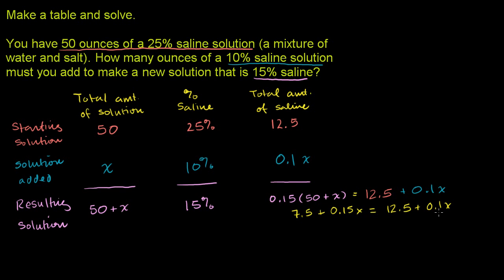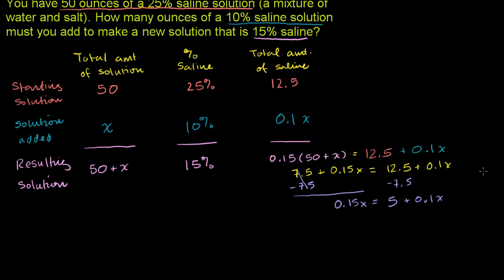Now we can subtract 7.5 from both sides of this equation. The left-hand side, that cancels out. We're just left with 0.15x is equal to 12.5 minus 7.5, which is just 5, plus 0.1x.